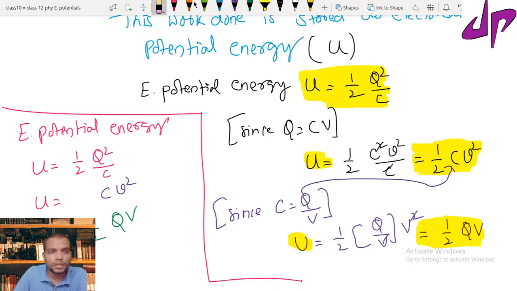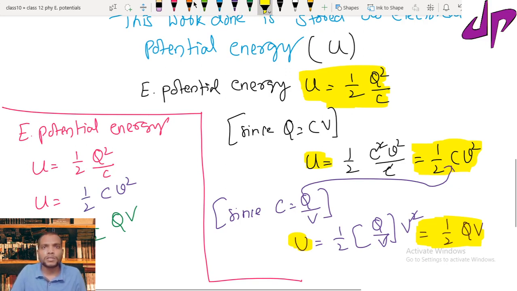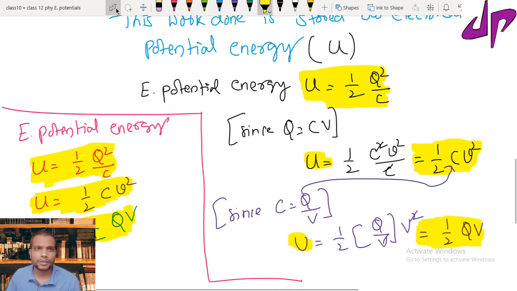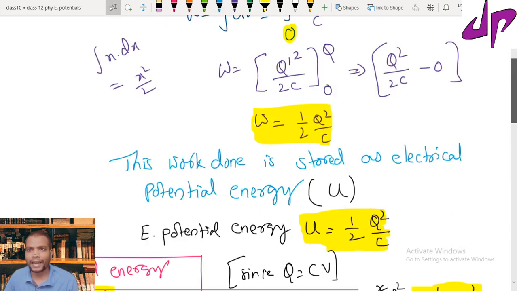These are three different expressions for electrical potential energy, and all are the same. Whatever work I did to transfer positive charge from plate 2 to plate 1 is stored in the form of electrical potential energy in the capacitor. This is the expression for electrical potential energy if the medium is air.